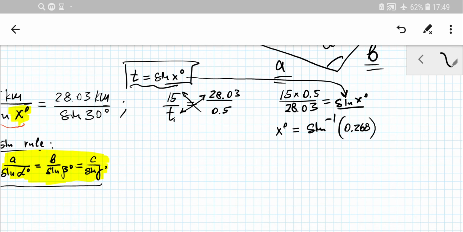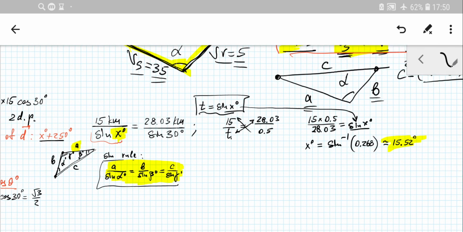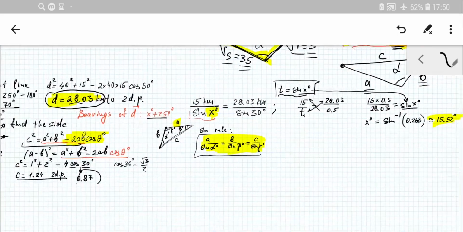Okay, so we've got the value, but you can do it in one calculation, using sine minus 1 of that value, which gives you around 15.52 degrees. So we've got the angle x, it's 15.52.